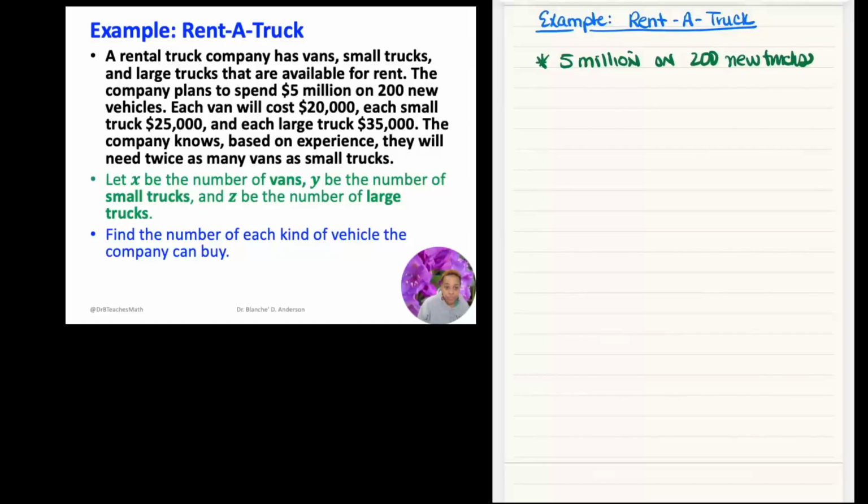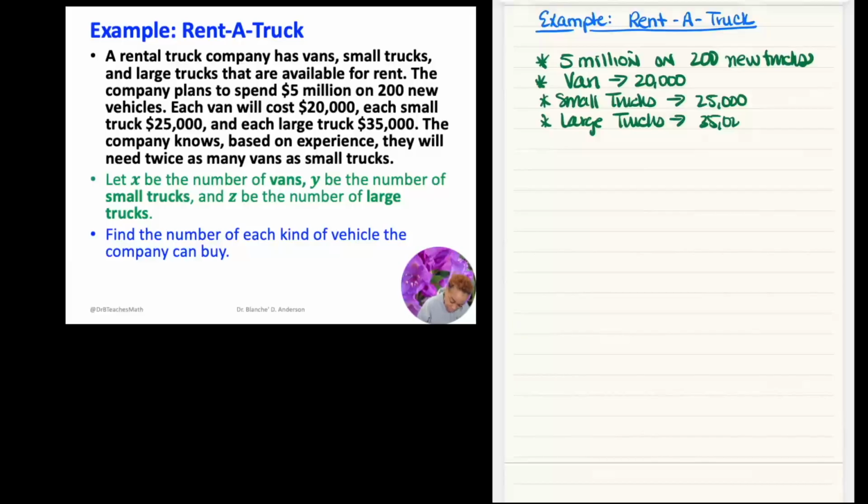The vans are going to be 20,000. The small trucks, 25,000. And the large trucks, 35,000.